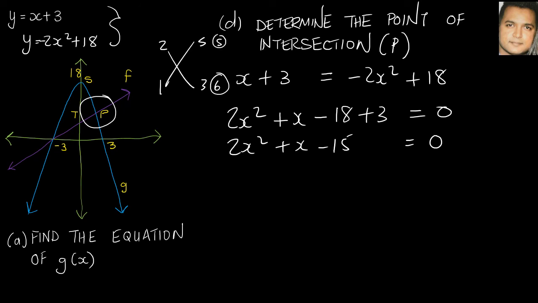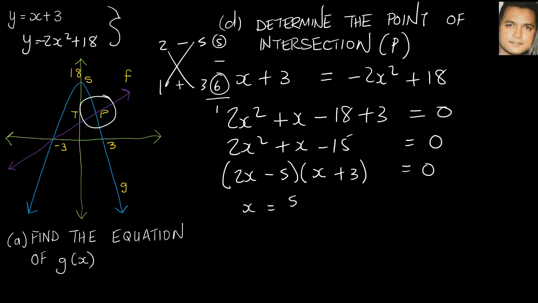You should know this by now. 6 minus 5 is 1. Right, now I've got the center one, so looking at it, one will take the plus, one will take the minus. So we'll have this one take the minus, which is the smaller one, and the bigger one normally takes the sign of the center. So let's do this. It'll be 2x minus 5 into x plus 3. That will be 0. So we know that x will be equal to 5 over 2, or x will be equal to minus 3.